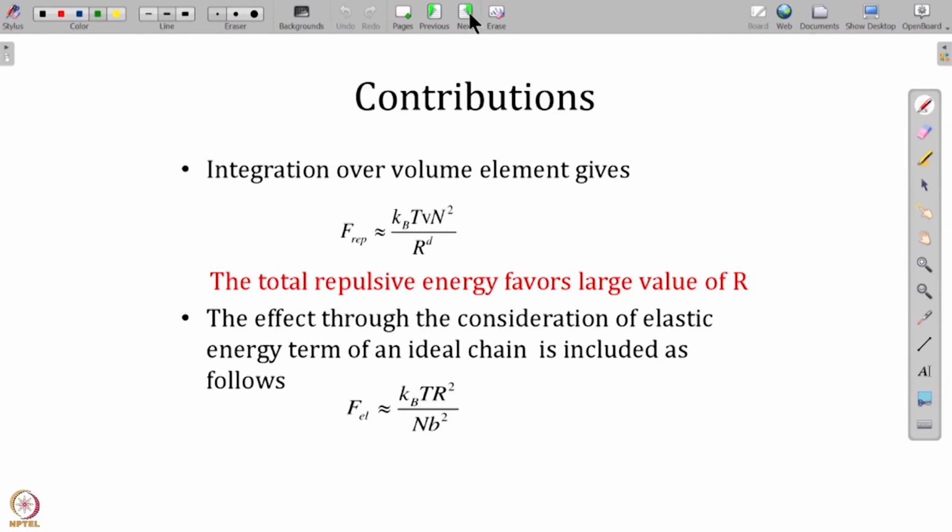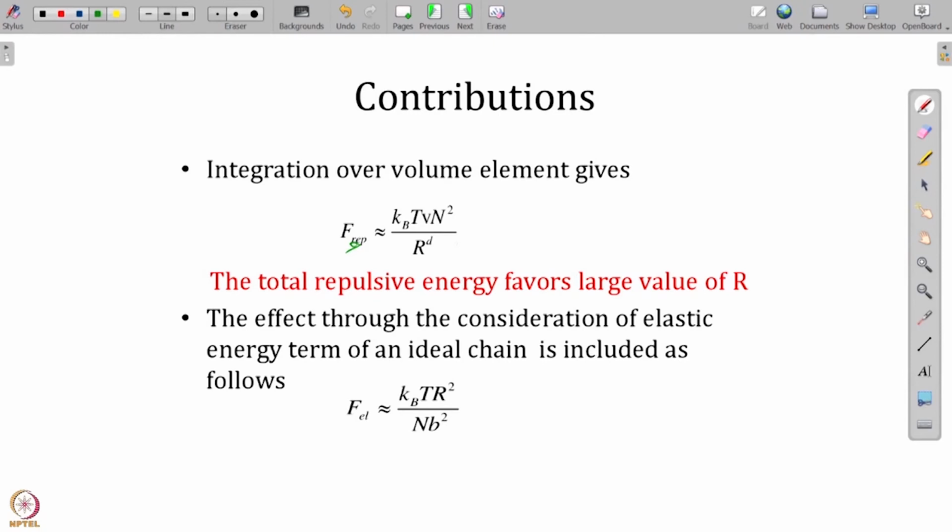So then one does a little bit more. This interaction is just what I wrote down. This free energy is, we just say, the total volume, because that is between monomers in a volume R^D, the total volume.